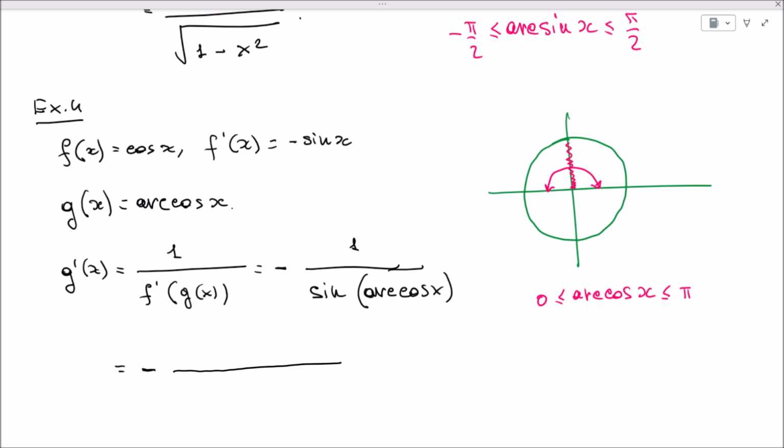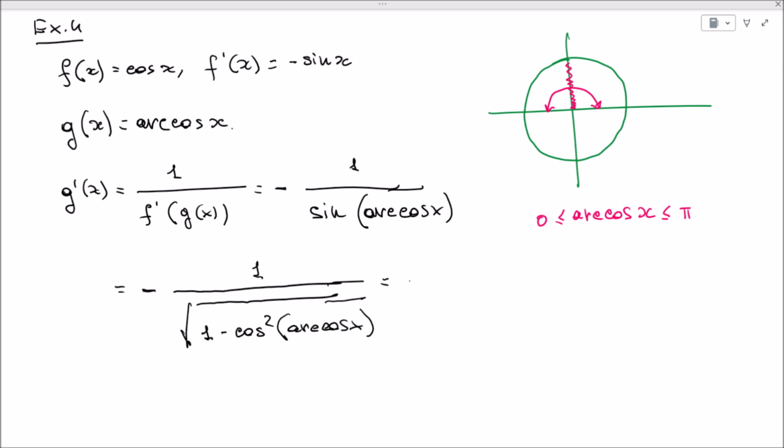So we have minus 1 divided by the positive square root of 1 minus the cosine square of arc cosine of x. And this is now simply equal to minus 1 divided by square root of 1 minus x to the square.